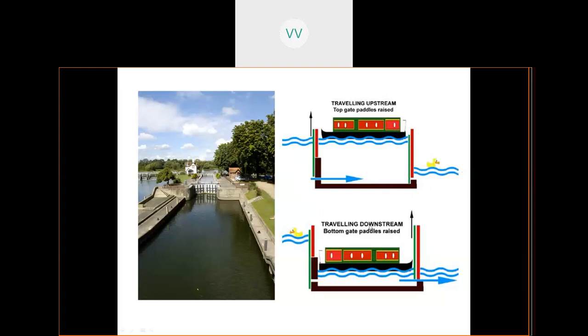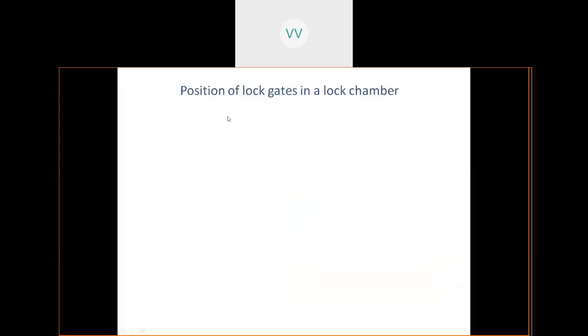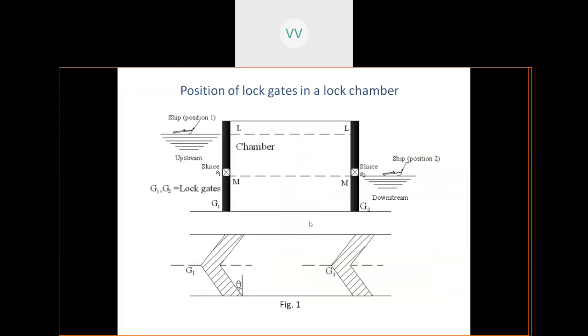Here is the position of the lock gates inside the lock chamber. Look here, ship position 1 is this. This is the upstream side, and then you have the sluice, that means the opening, and G1 and G2 are the lock gates.